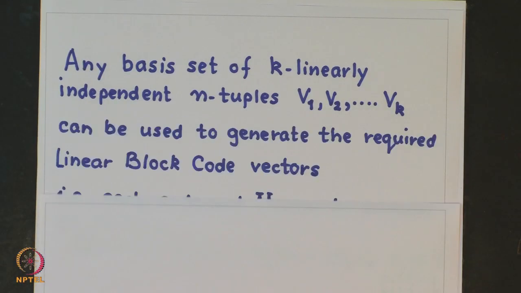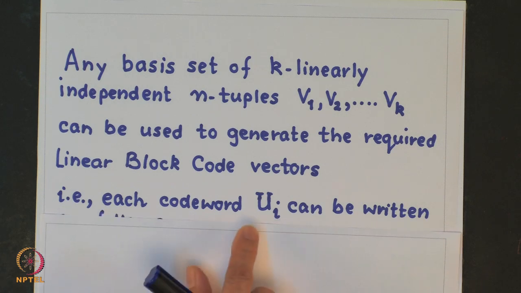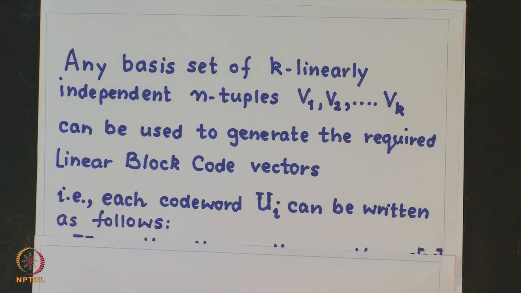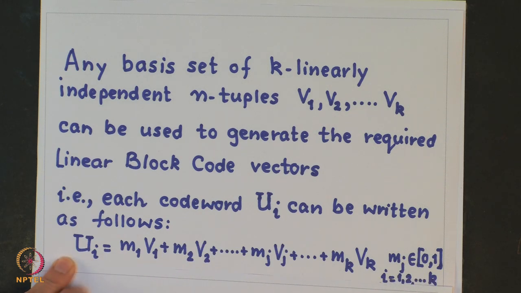So, we can conclude that each code word, which I denote by U_i, where the capital U denotes a code word and also a vector, a row vector, can be written as follows: U_i is equal to m1, which is the first bit of the message sequence, multiplied by the vector V1, plus m2 times V2, and so on. Remember, V1, V2, Vj are all vectors, whereas m1, m2, mj are scalars, and they are the components of the message vector which is formed out of the message sequence.